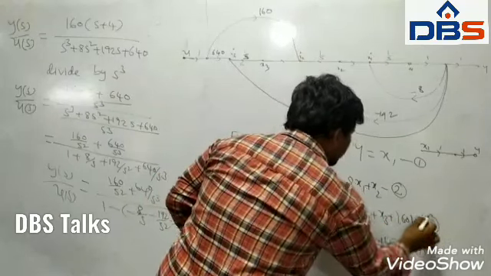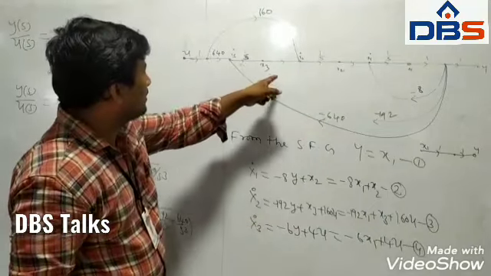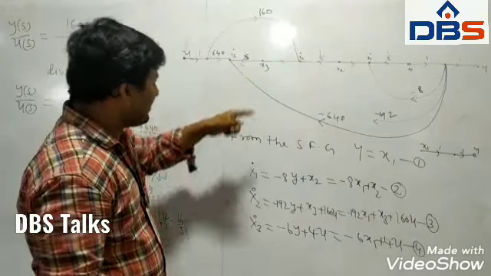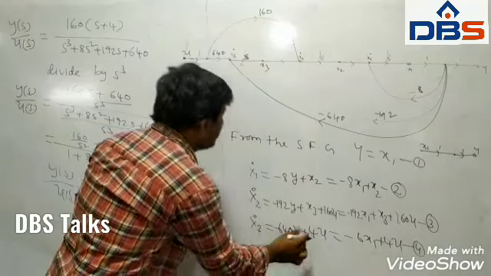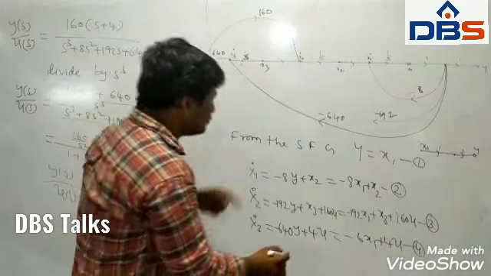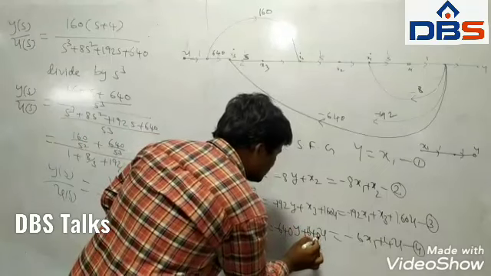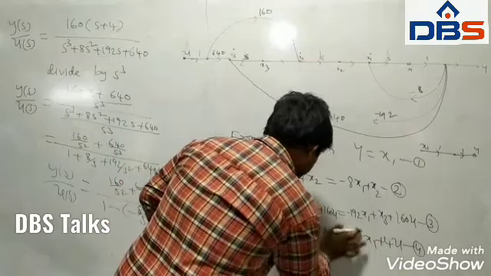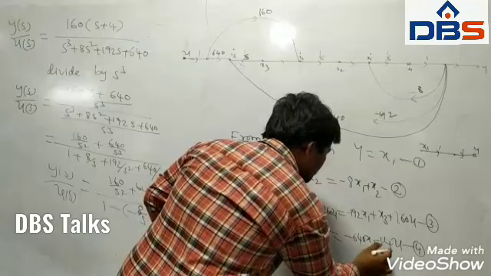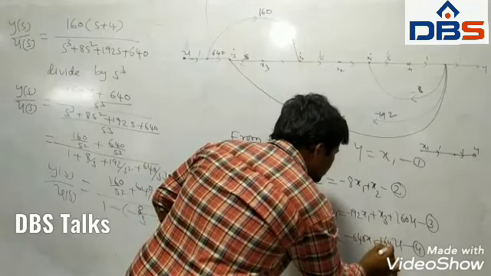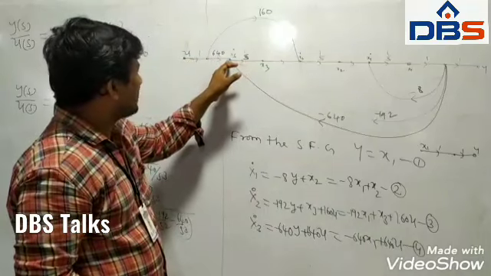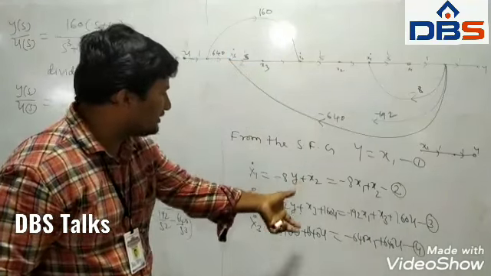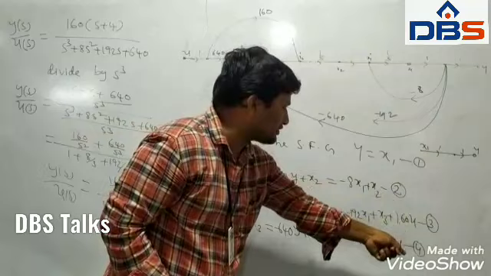And x3 bar equal to minus 640y plus 640u, that is minus 640x1 plus 640u. These are taken as equation 2, equation 3, equation 4.